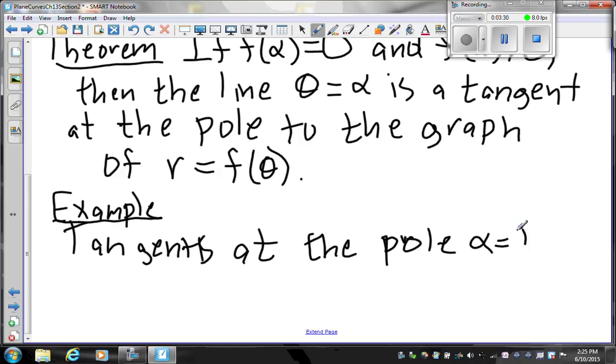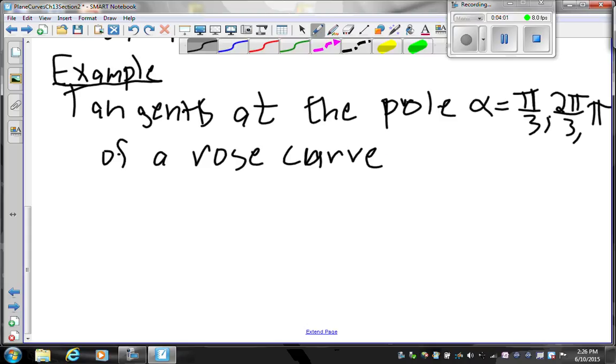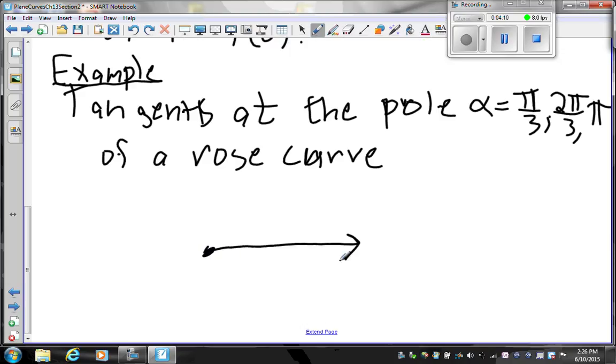Alpha equals pi over 3, 2 pi over 3, and pi, then we would know, and let's say that this is a rose curve, then simply drawing the tangents at the pole, there's the pole, there's the polar axis, pi over 3, let's draw the tangents at the pole in red.